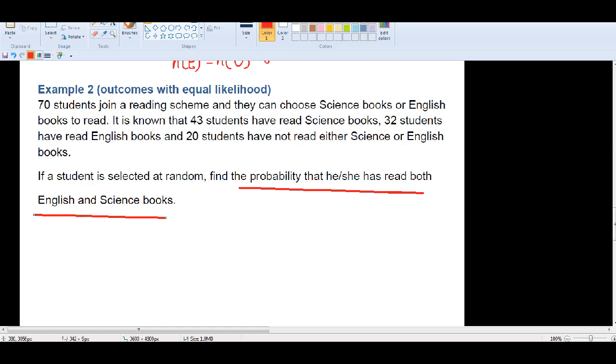So for this type of question, the event will be read both English book and science book, so that's the event. Event means the set of students who have read both English and science.